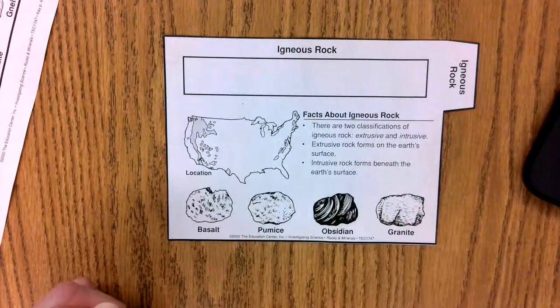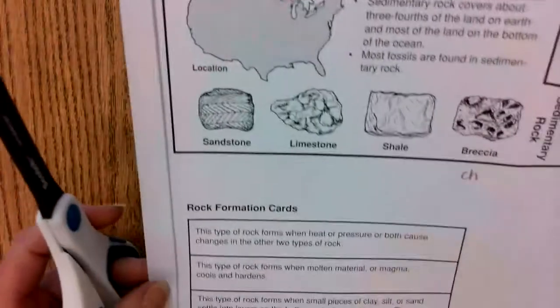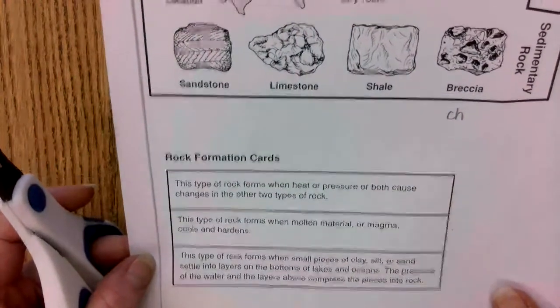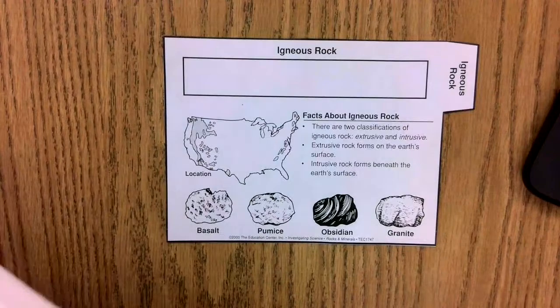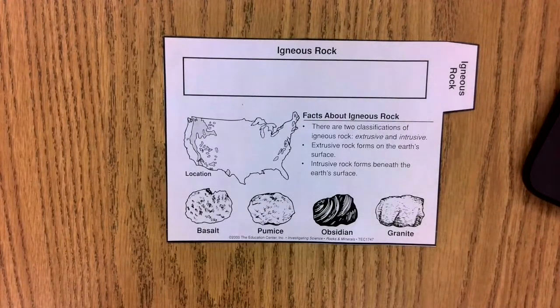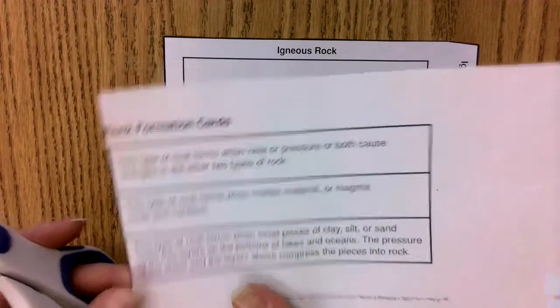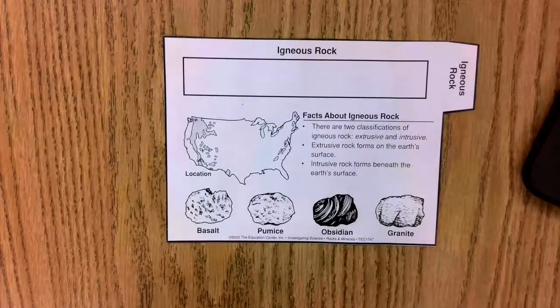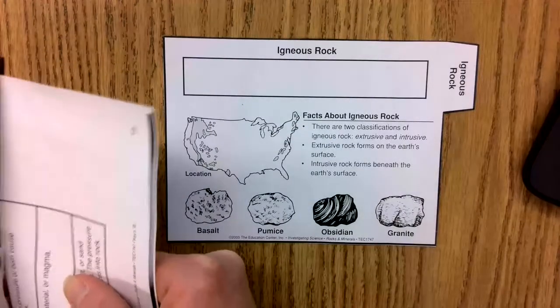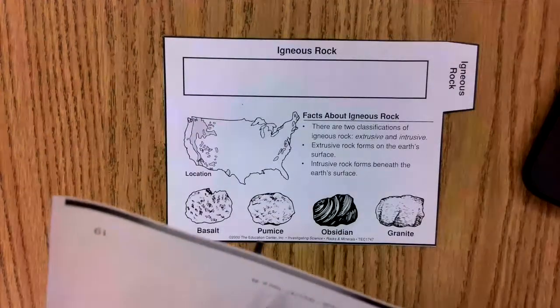So we have that. Then on this page, we have the rock formation cards. I'm going to cut those out on the dark line. Make sure you don't accidentally throw these away.